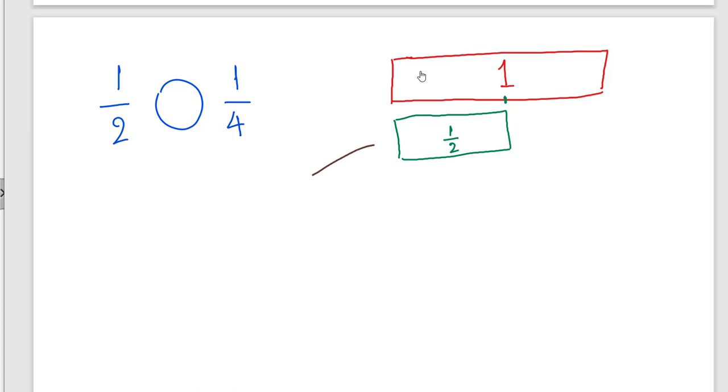The unit fraction for the first one is half, but for the second one it's fourth, so I cannot use the same color. Okay, and I will divide the one into 4 equal parts. 1, 2, 3, 4, and I want to draw only one part. So this is 1/4.